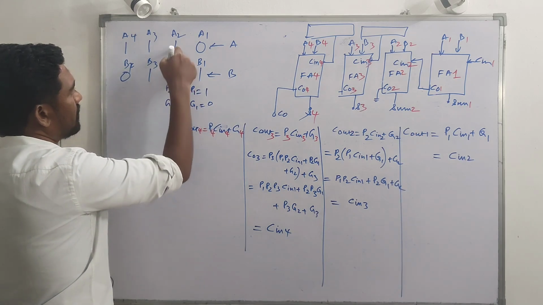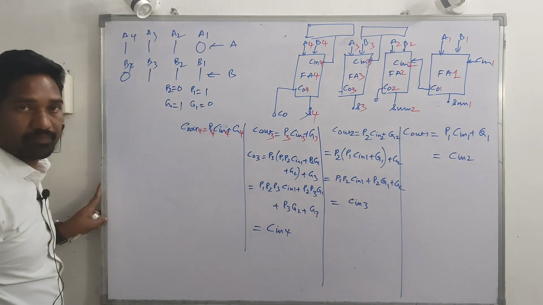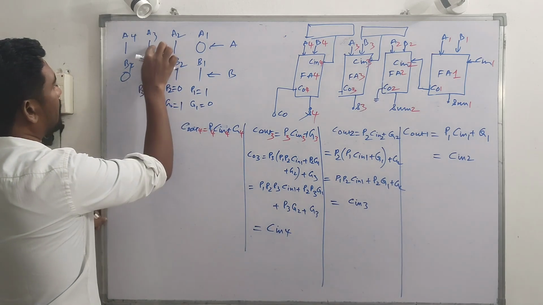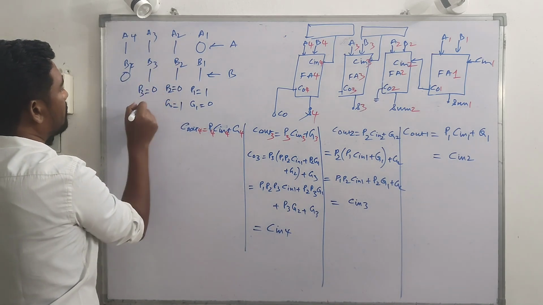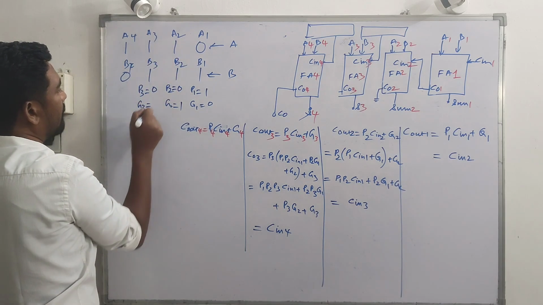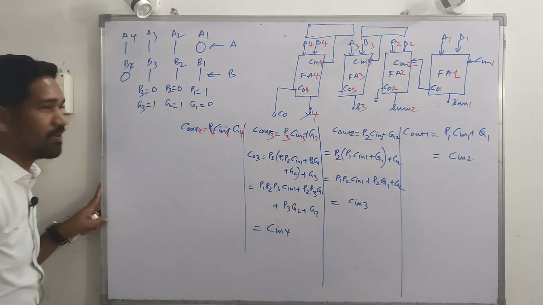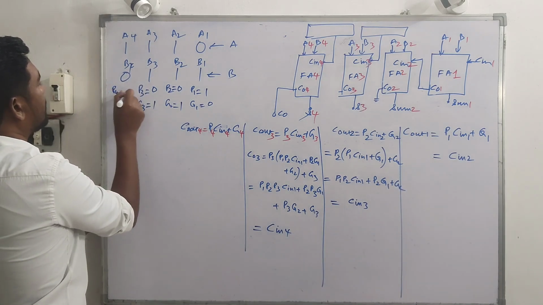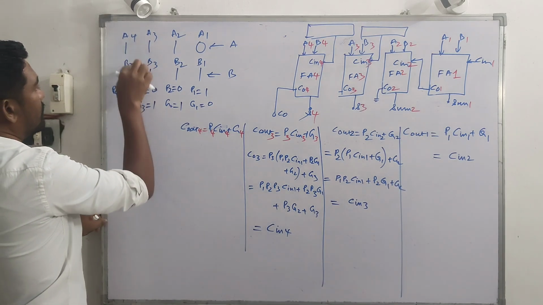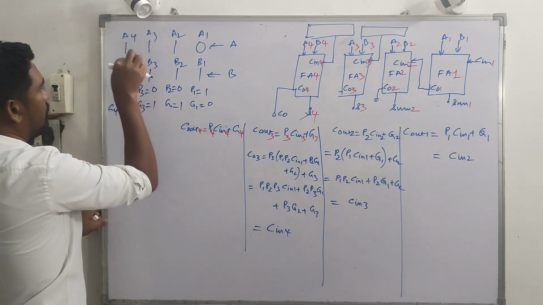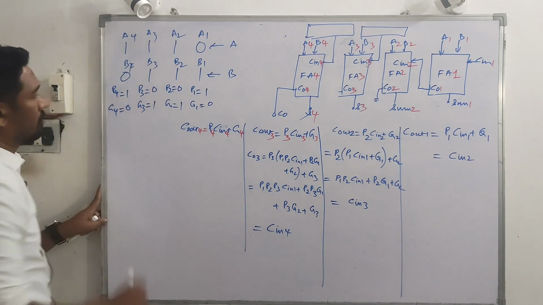G2 is the AND between 1 and 1, that will be 1. P3, exclusive OR between 1 and 1, will be 0. G3, AND between A3 and B3, 1 and 1, will be 1. And P4, exclusive OR between 1 and 0, will be 1, and G4, AND between A4 and B4, will be 0.